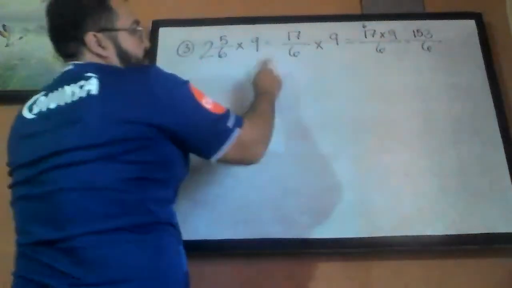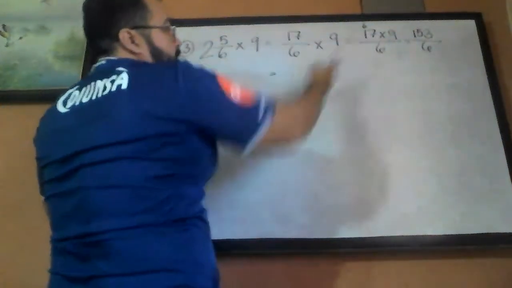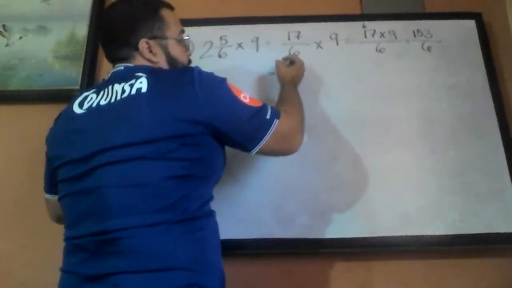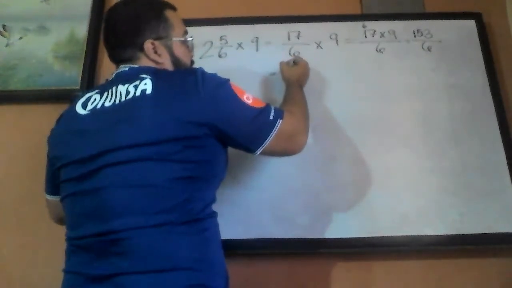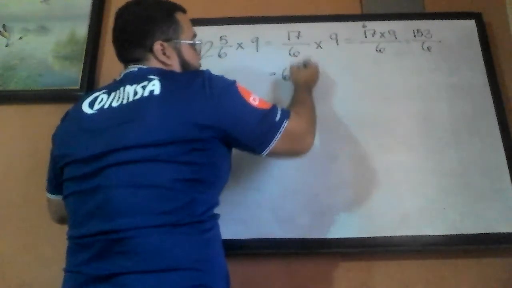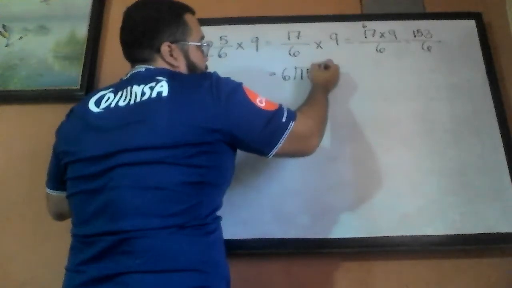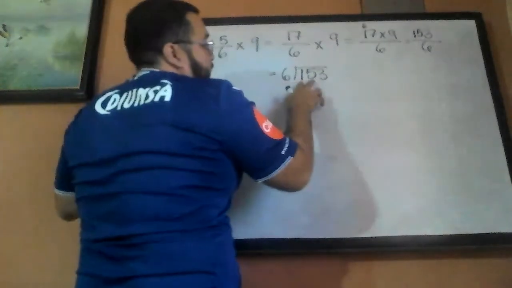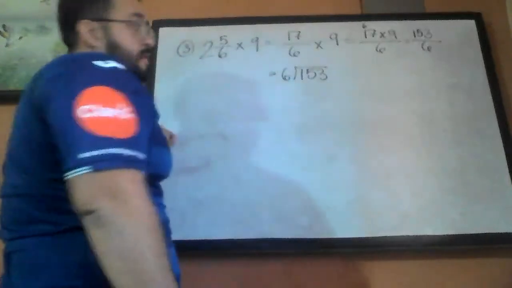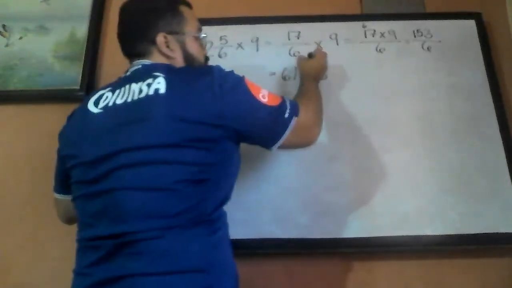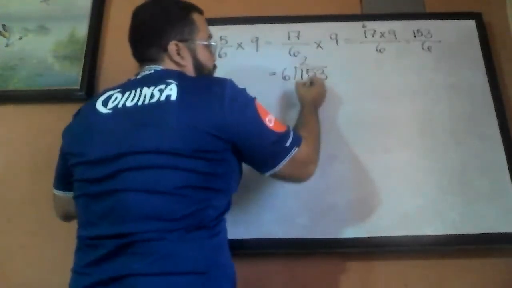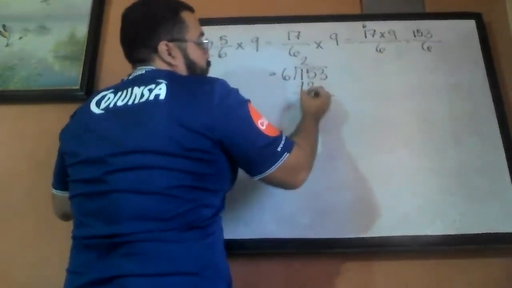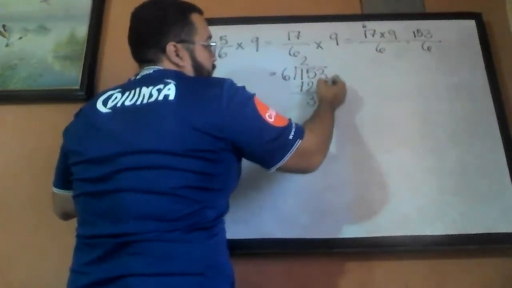I'm going to work here, down below. So, let's divide 153 by 6. Okay, so one number in the table of 6 that equals 15 is 2. 6 times 2, 12. 15 minus 12, 3.